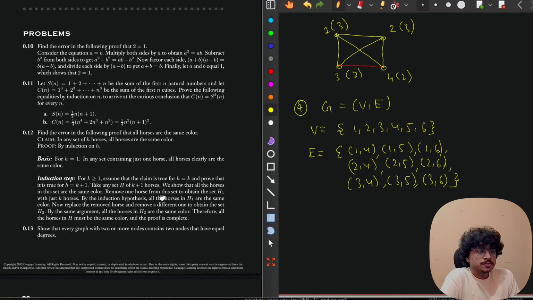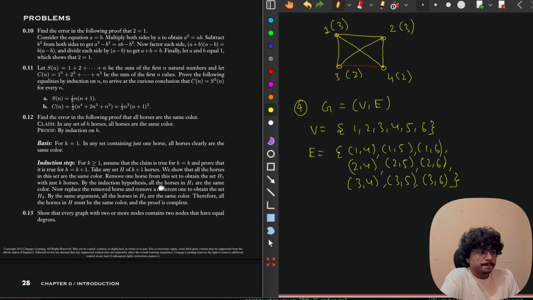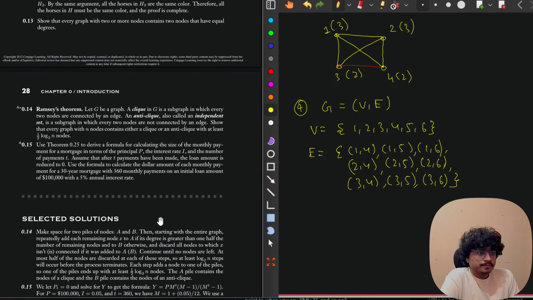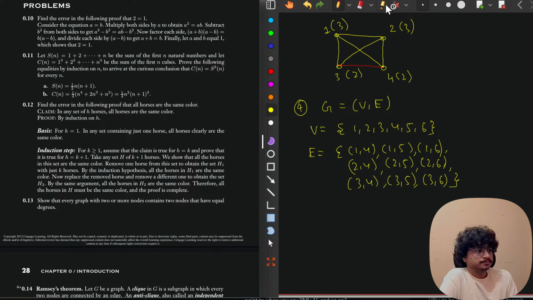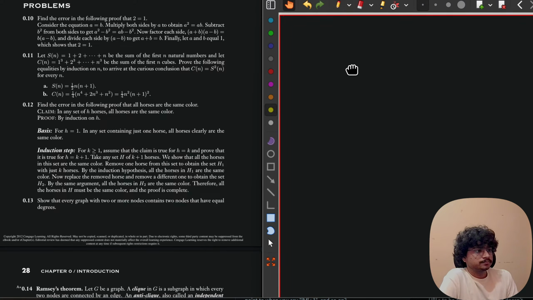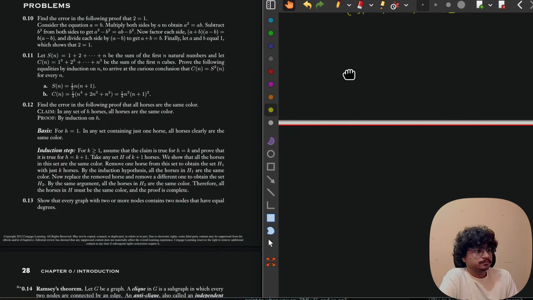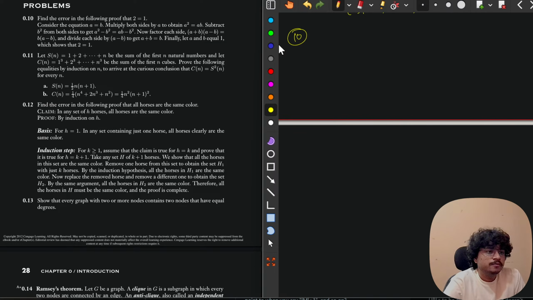Proof questions. Find the error in following proof that 2 equals 1.